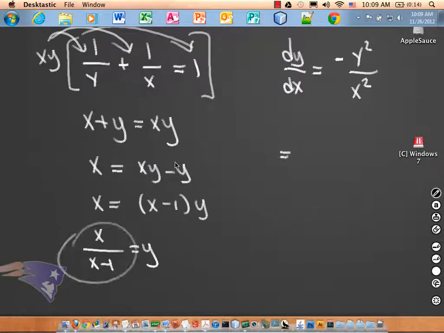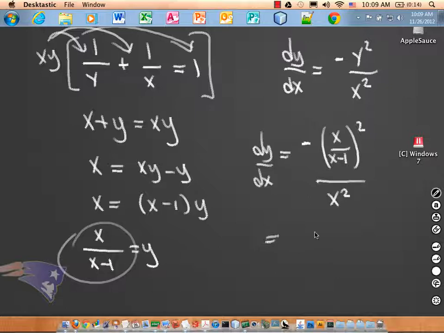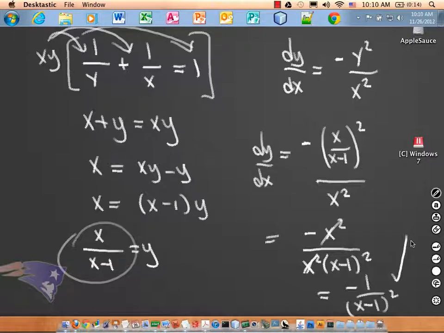I get dy/dx equals negative (x over x minus 1) squared over x squared, which is equal to negative x squared over (x minus 1) squared, and these divide away. So there you go, there's the explicit form. And the other one, negative y squared over x squared, is the implicit form.